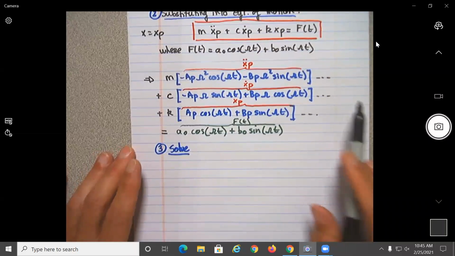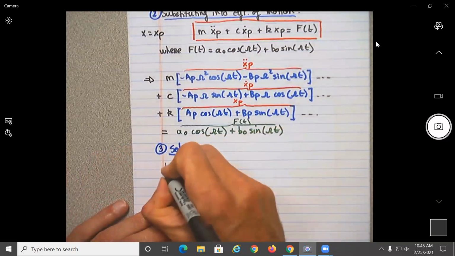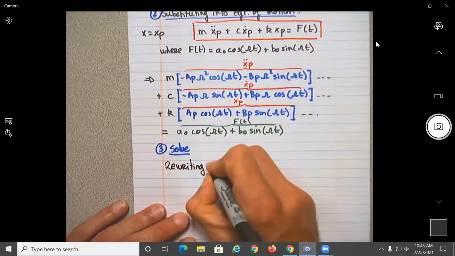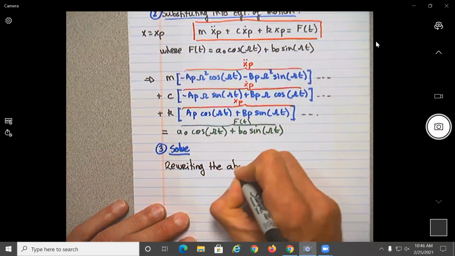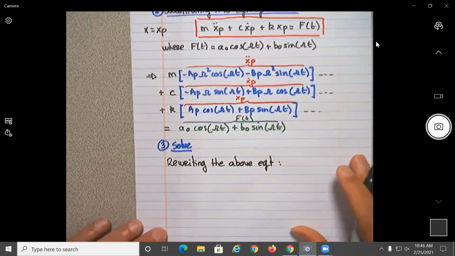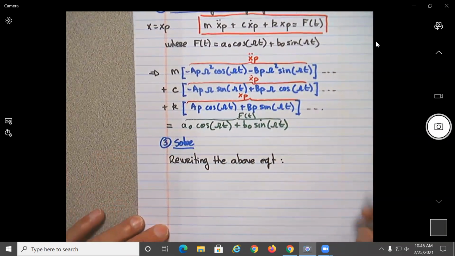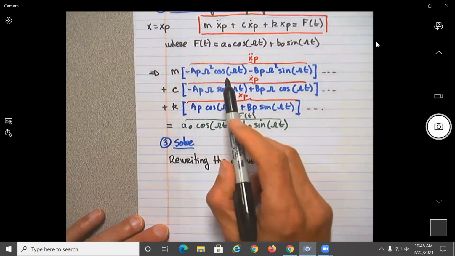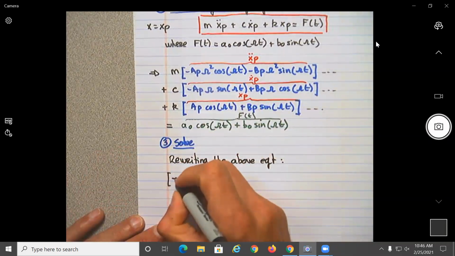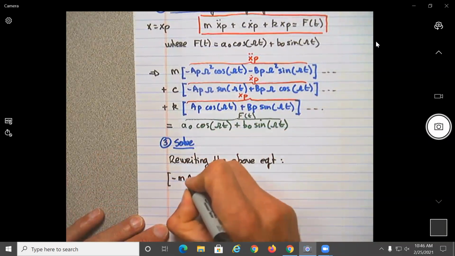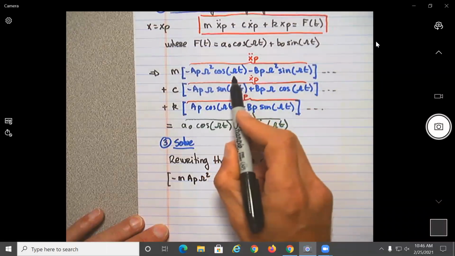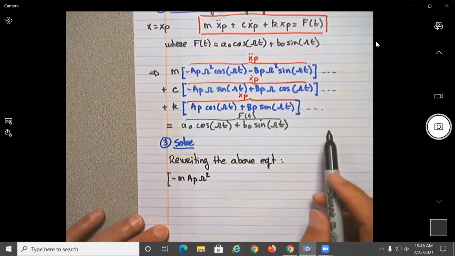Okay, so rewriting the above equation. We're going to start with the cosine omega t. So this would be minus m a sub p omega square, and put the other terms in function of cosine omega t.